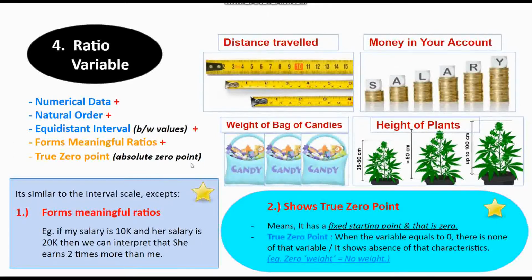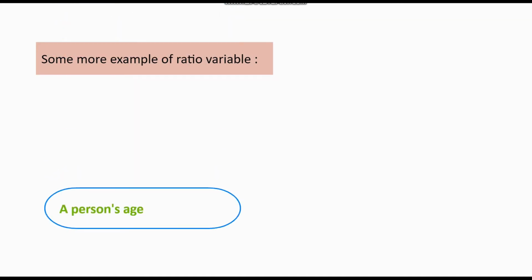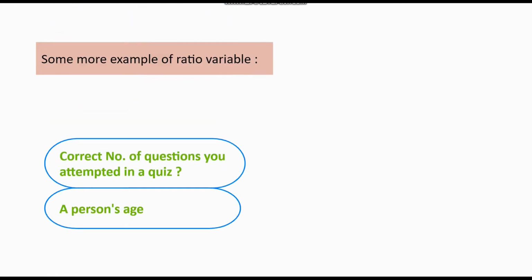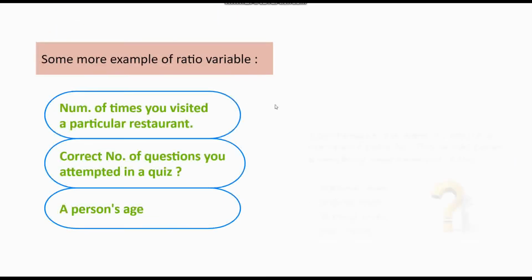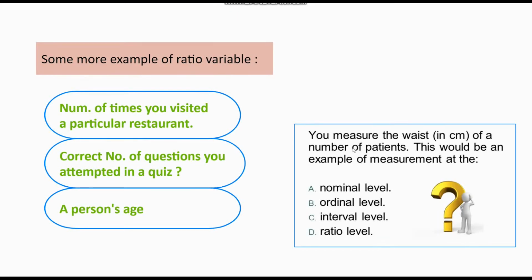The last two features of the ratio variable, meaningful ratios and the true 0 point, are very important because they will help you differentiate the ratio scale from the interval. Going forward, we have some more examples of ratio variables: a person's age, the number of correct questions you attempted in a quiz, and then we have a question to solve.